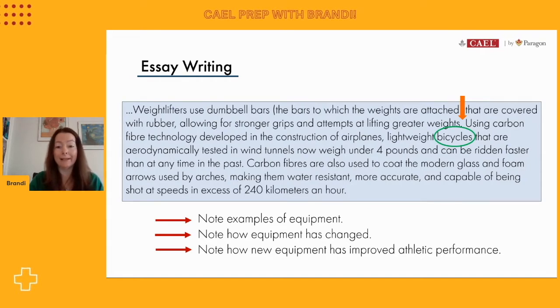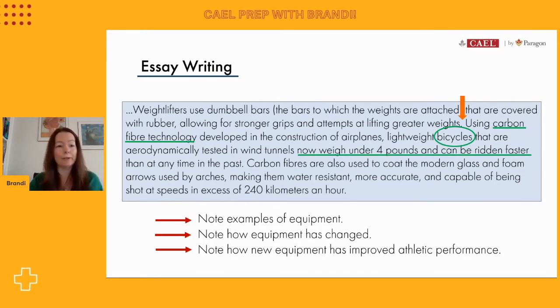Okay, so going back to the beginning of that sentence, I'm noticing that the advancement to bicycles, the way they've been improved upon, is the fact that they are now using carbon fiber technology. And I understand that that technology allows these bikes to be very light, under 4 pounds. And you can imagine, because those bicycles weigh such a small amount, the athletes can pedal them much more quickly. So that's how the athletic performance is being improved upon.